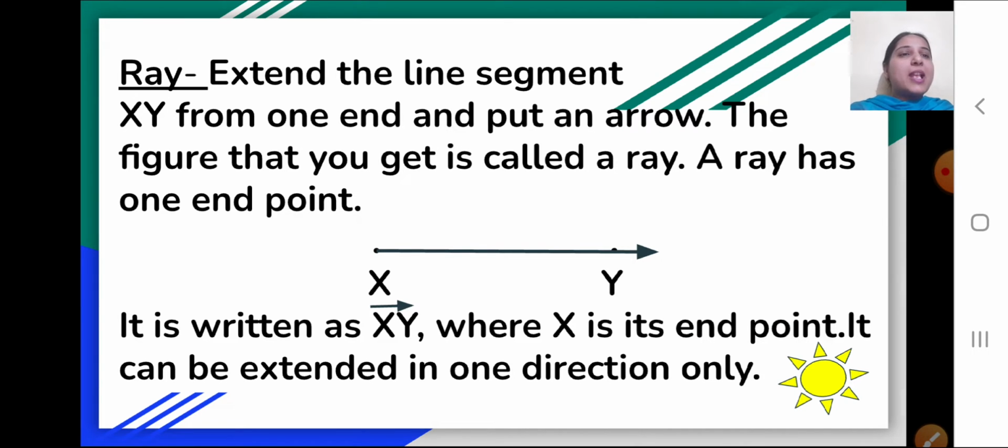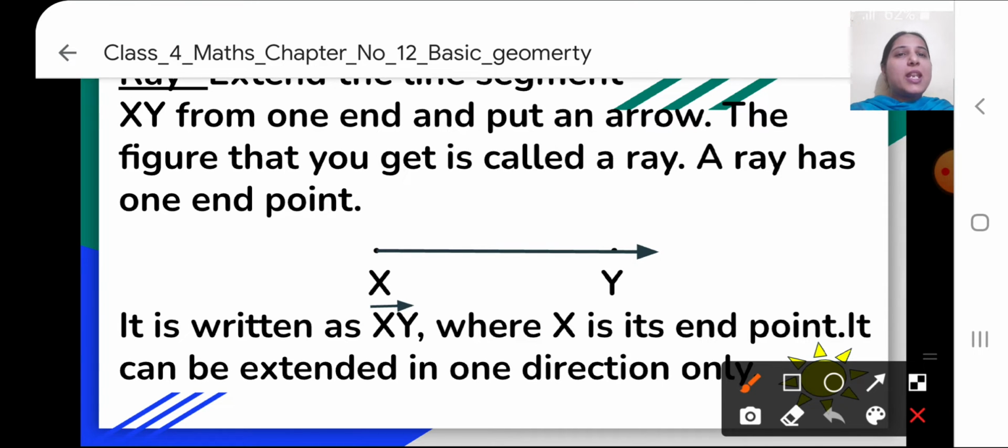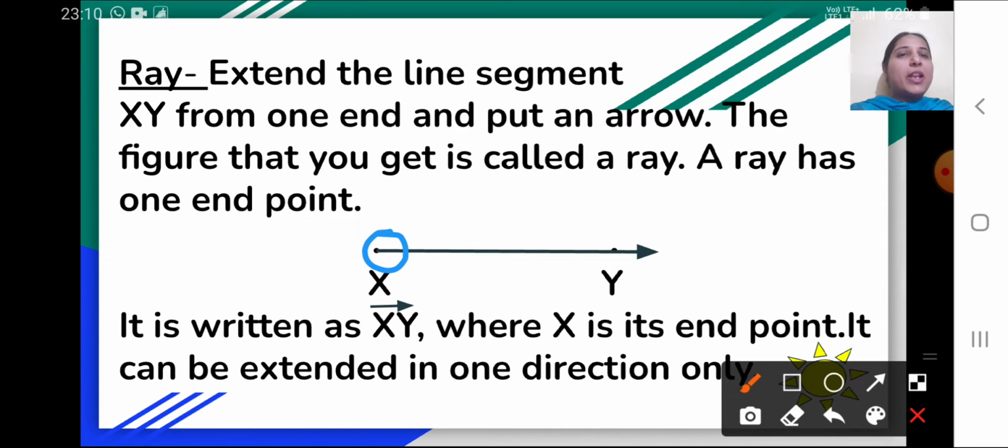A ray has one end point, where X is the end point, and on the other side it is extended, and the arrow shows that it is a ray. It will be written and read as ray XY.